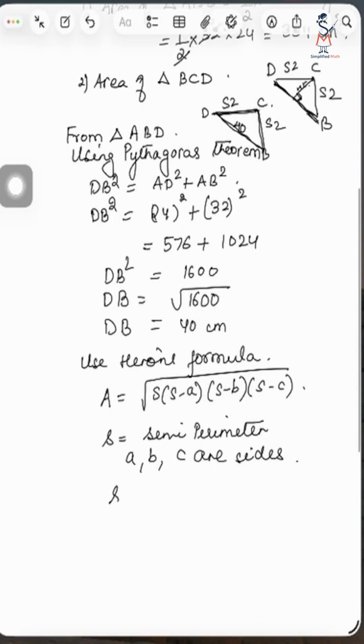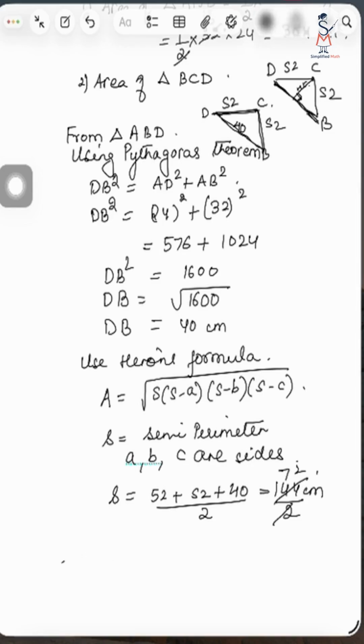So first we will find S. S is 52 plus 52 plus 40, which comes out to 144 centimeter, divided by 2. That is 72.